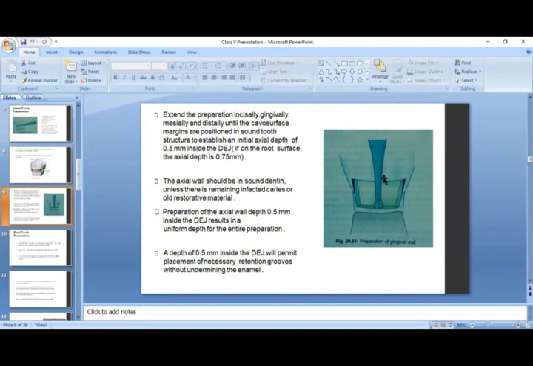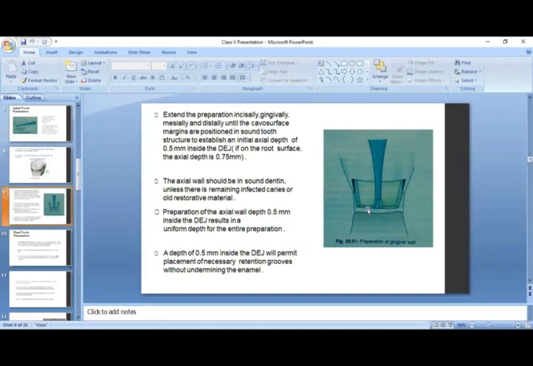You know that in the clinical picture it should be smooth, right? The depth of 0.5 millimeter inside the dentinoenamel junction will permit placing of the retention grooves without undermining the enamel.